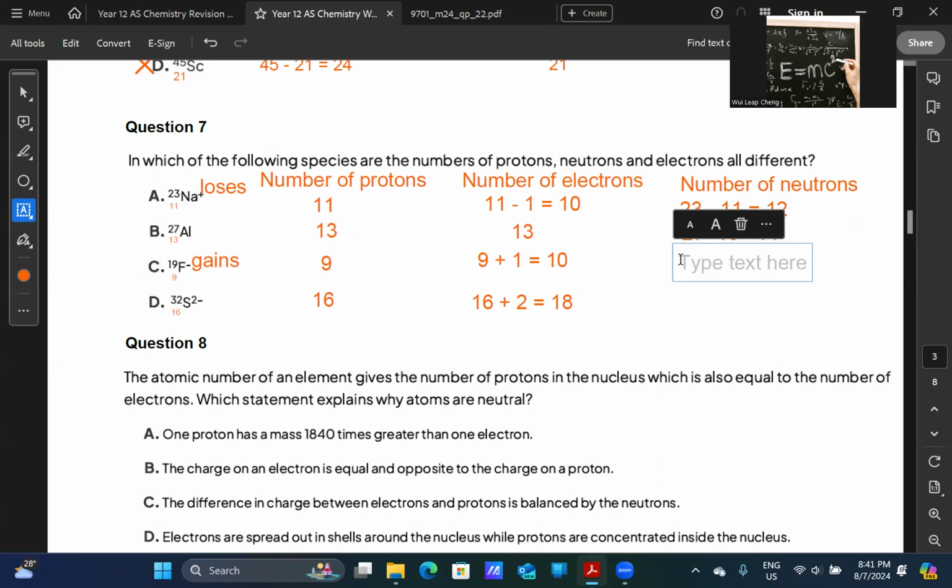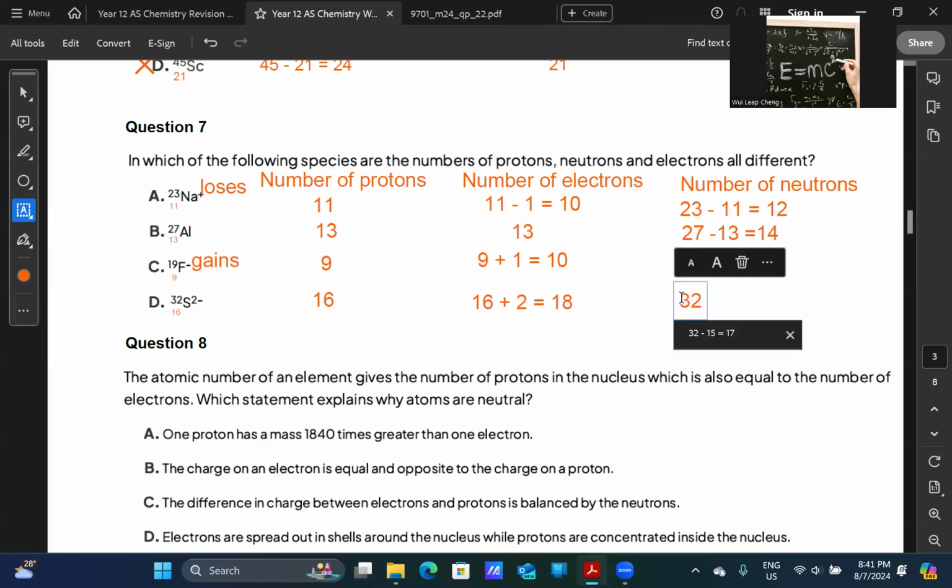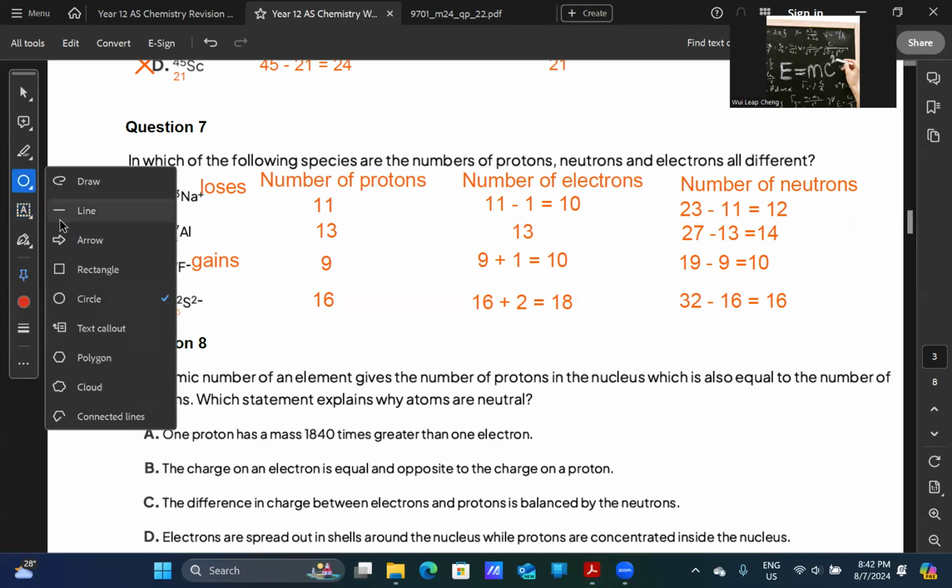Next one, 19 minus 9 equals 10. 32 minus 16 equals 16. So out of these options, only the first option shows different number of proton, neutron, and electron. That's why answer is A.